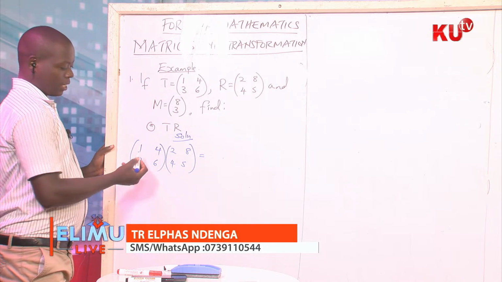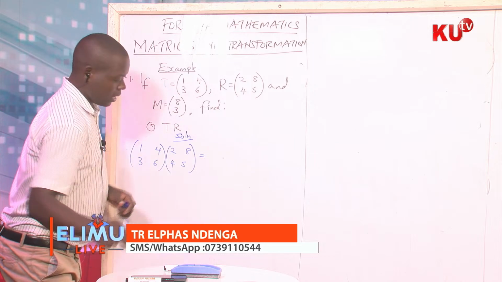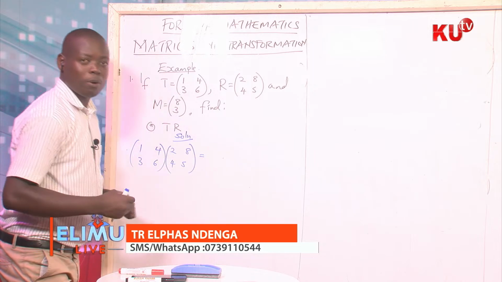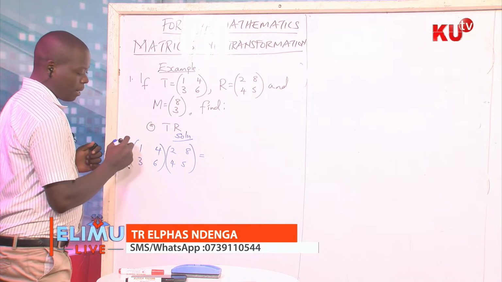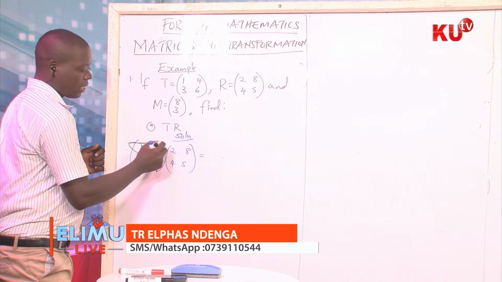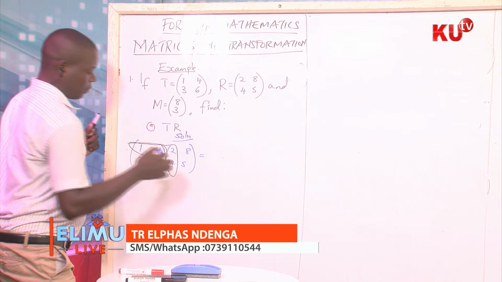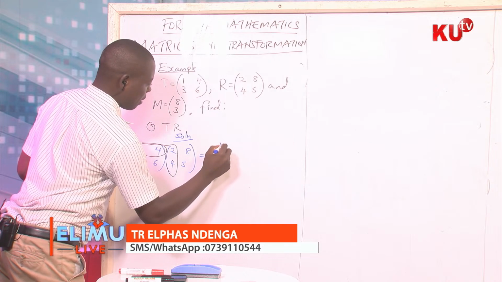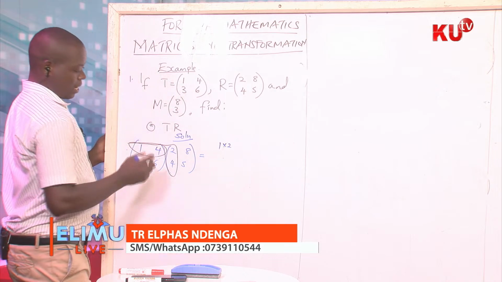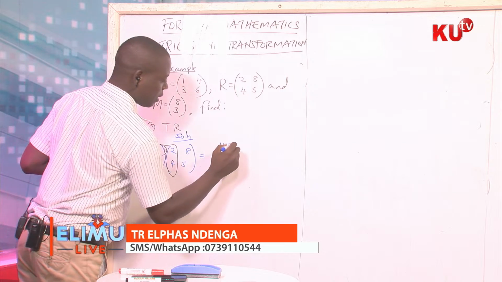So let's start. Row by column. Multiplication is done based on the principle of, in the first matrix, pick the row against the column. So how will it work? 1 times 2, then 4 times 4, so we obtain the sum.